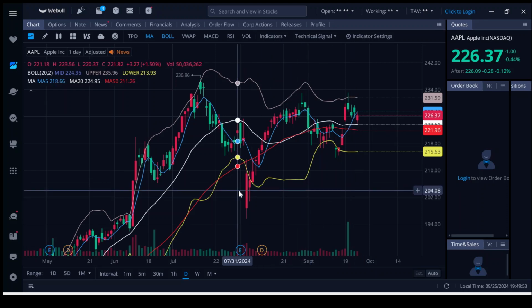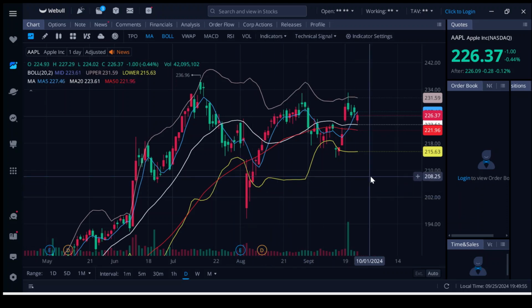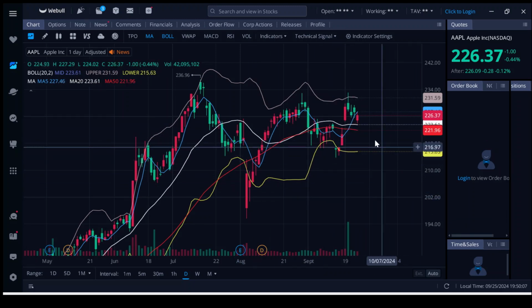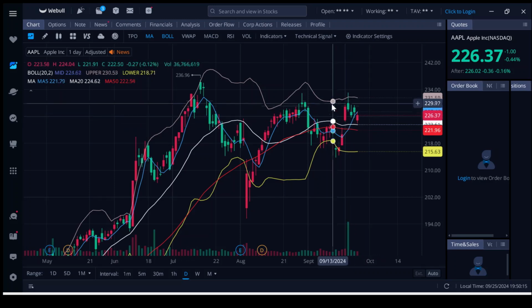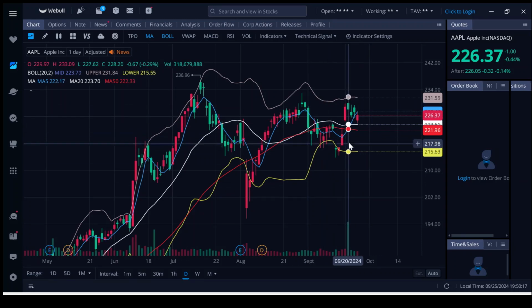We don't know where things are going unless we see a breakout to the upside or a significant breakdown to the downside. You just have to wait for the market to sort itself out, and then you can play something. As of right now, there are no big setups taking place in this market because we have a trend which is up, but things are running out of juice as we go into blue skies in this market.